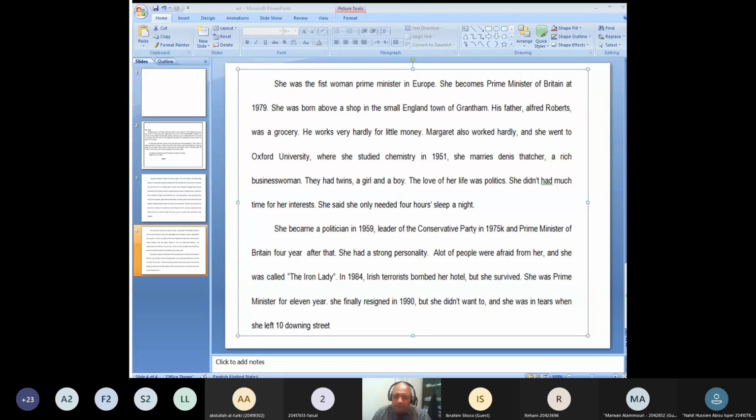His father, Alfred Roberts. What do you think of that? Are we talking about a man or a woman? It should be her father. Her father, Alfred Roberts. We have a problem, obviously, with the name. Capital H. With Alfred, the A should be capitalized.